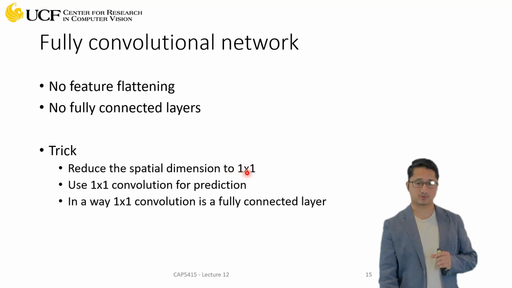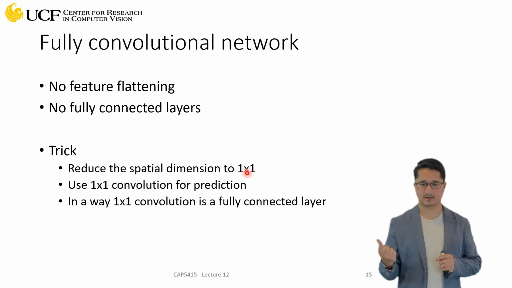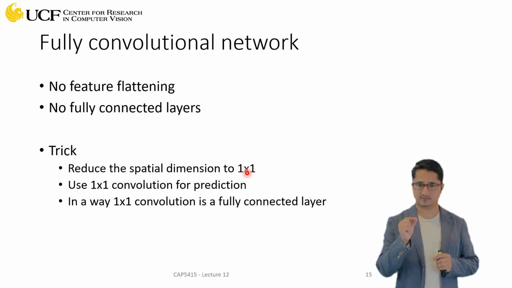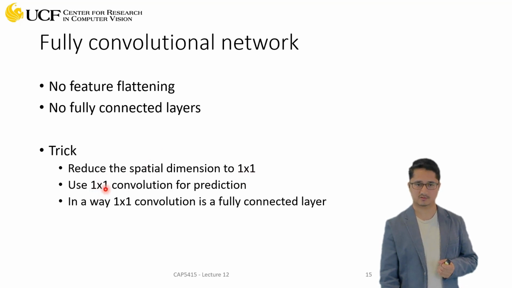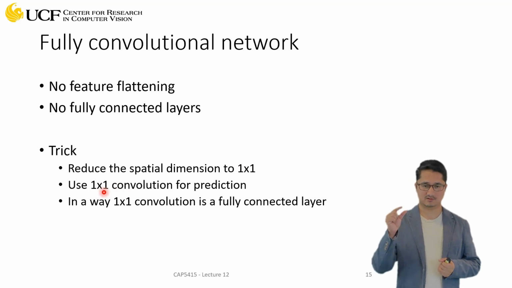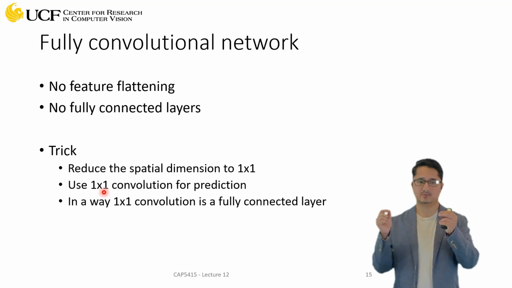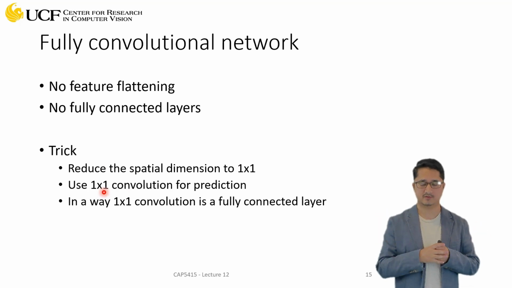then again, you don't have to have a fully connected layer at the end. For a 1 cross 1 feature map, what you can do is you can actually use a convolution whose shape is 1 cross 1. Okay, so it will be just one value. And of course, it will have some depth depending upon how many channels you have.